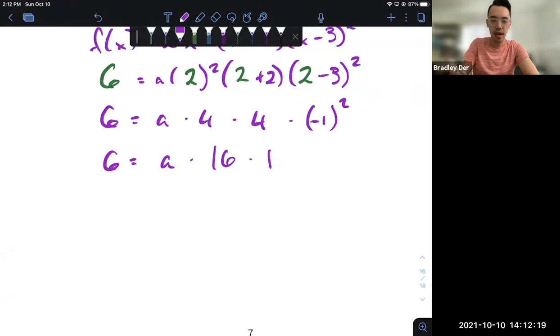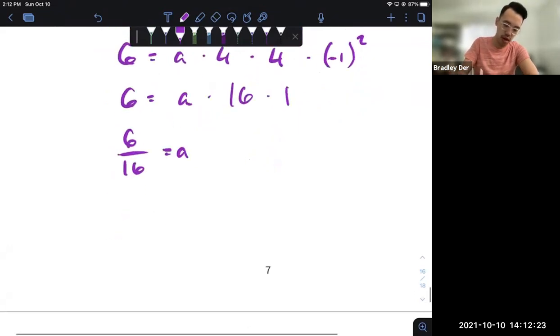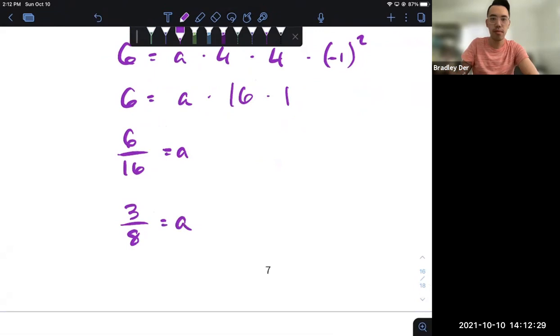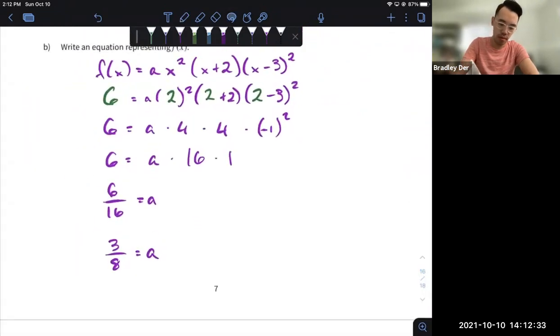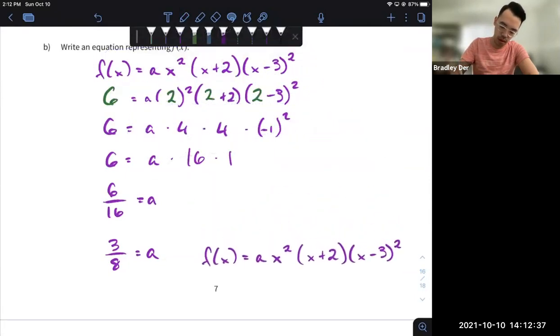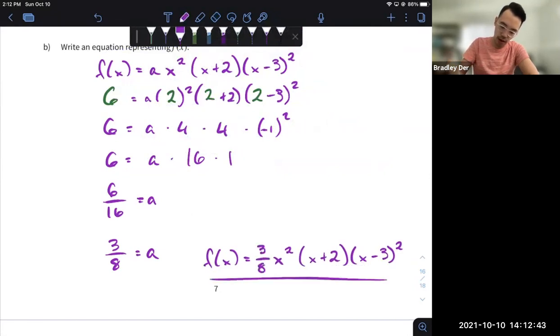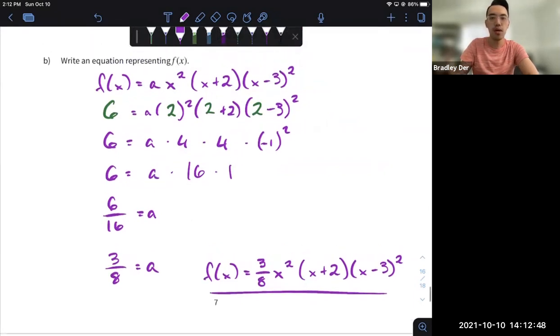So 16a is equal to 6, or a is equal to 6 over 16. Reducing by 2 would be 3/8. So final answer, f of x is equal to 3/8 x squared times x plus 2 times x minus 3 squared.